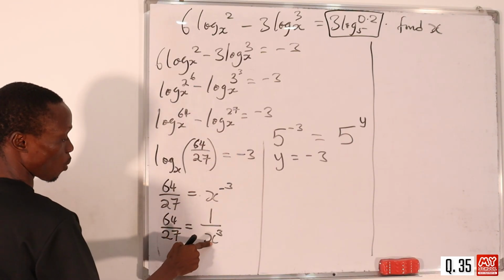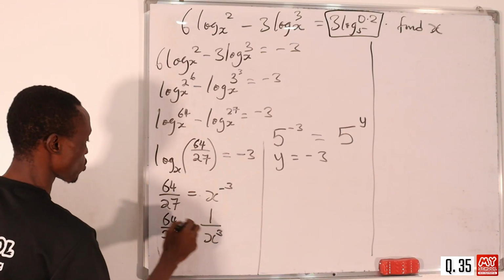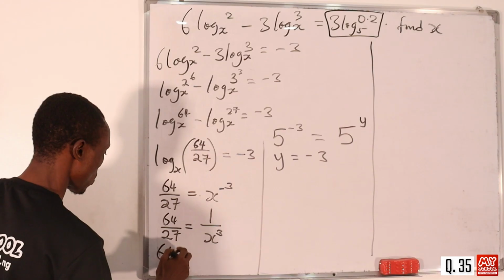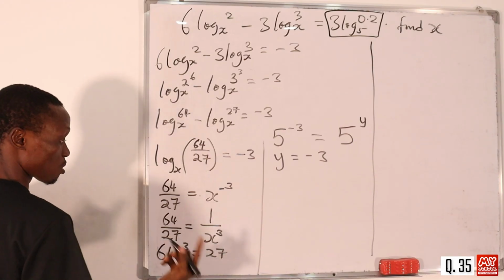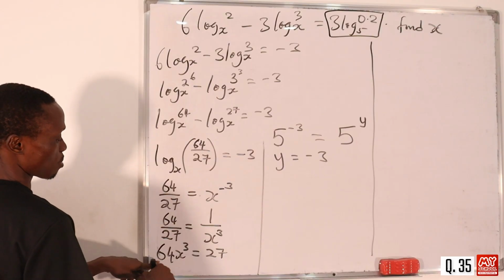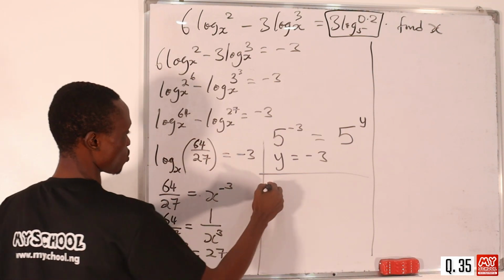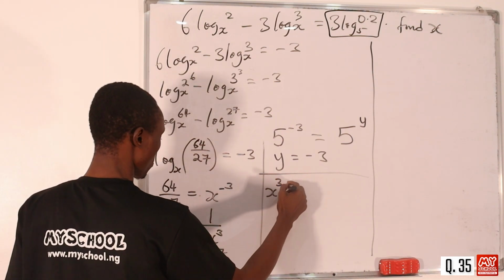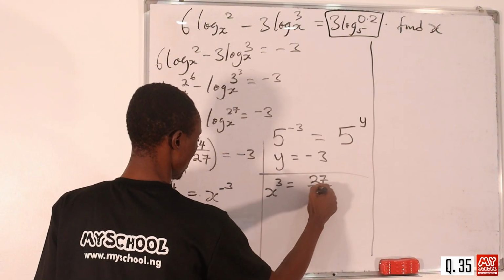So we just cross multiply. If we cross multiply, we're having 64x cubed equals 27. Since we are looking for x, we have to divide both sides by 64 first of all, for the x cubed to be on its own. So x raised to power 3 will now be equals to 27 divided by 64.